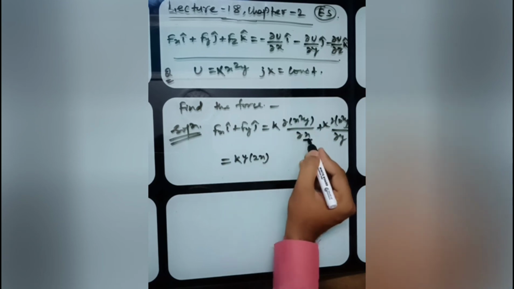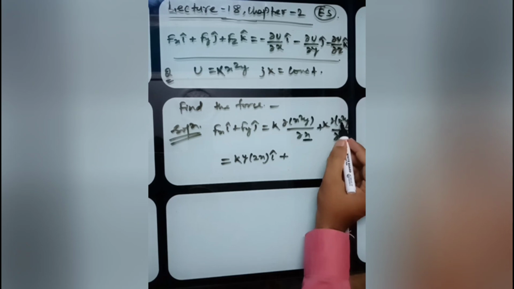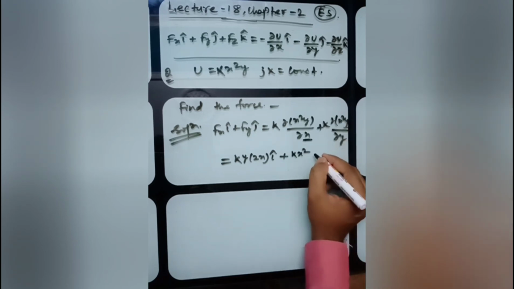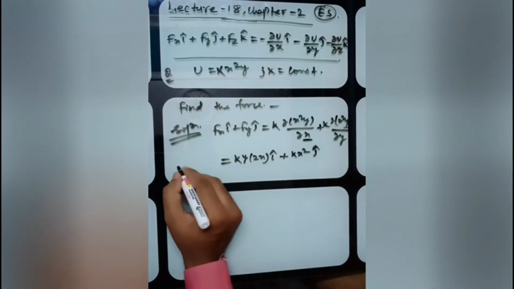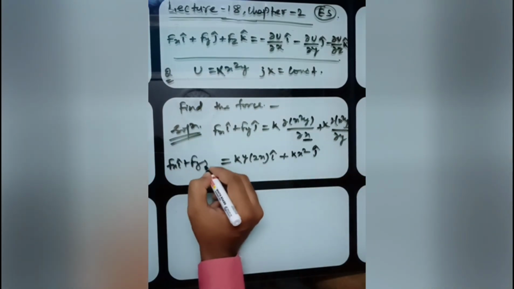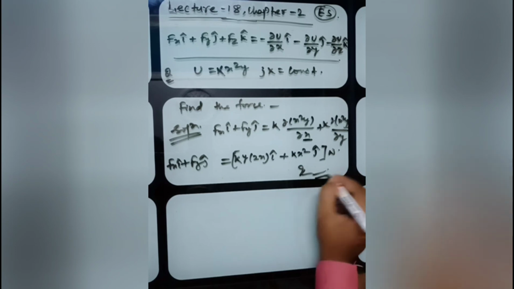So the derivative of x square is 2x, i, plus, now x is constant and dy by dy is 1, with j cap.